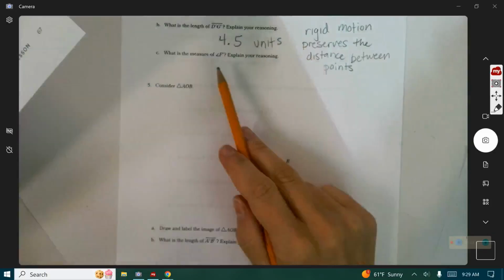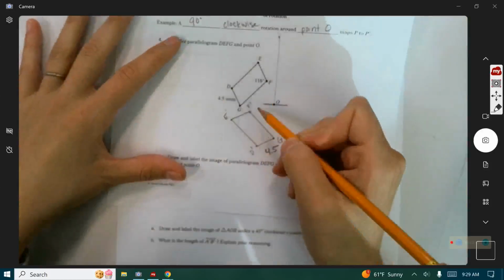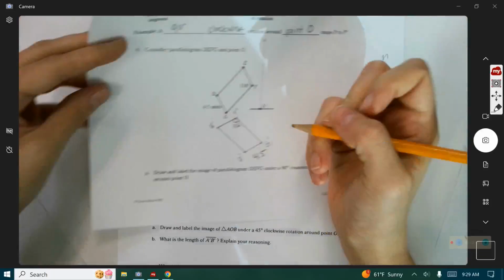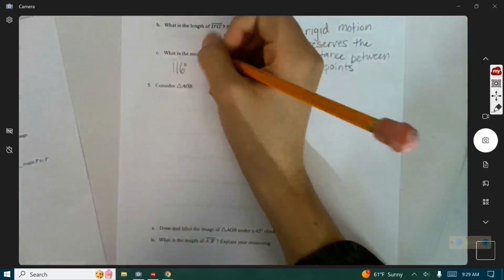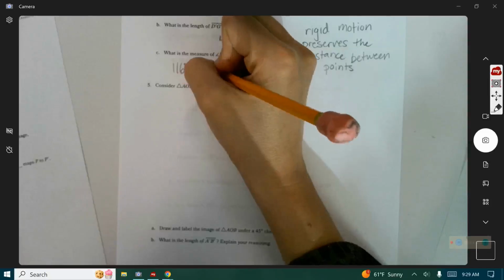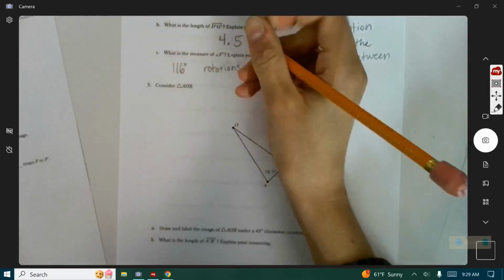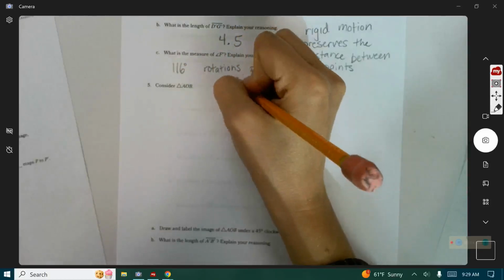Then it asks what the measure of angle F prime would be. F was 116 degrees, so F prime is also 116 degrees. Again, rotations or rigid motions preserve angle measures.